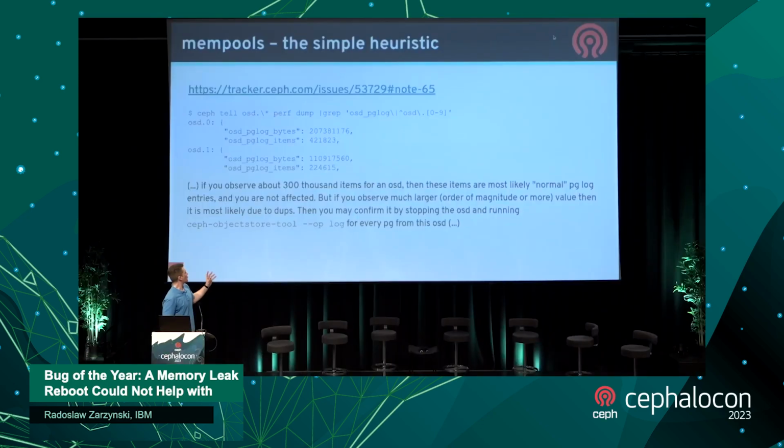If items are above, let's say, a million, let's diagnose further. Close to 300K, but on defaults, it's fine.